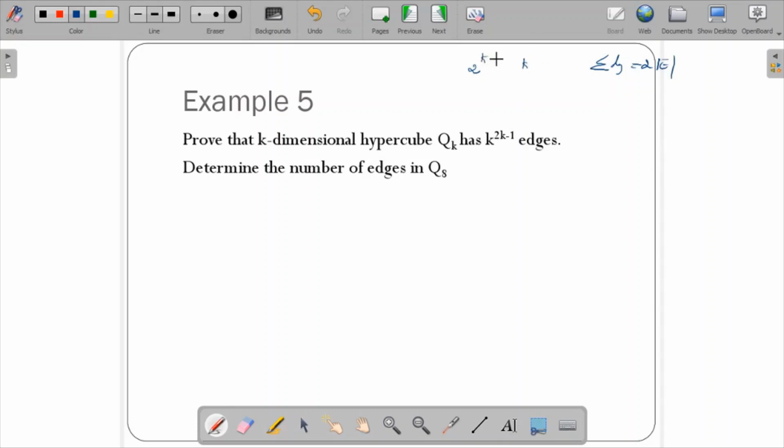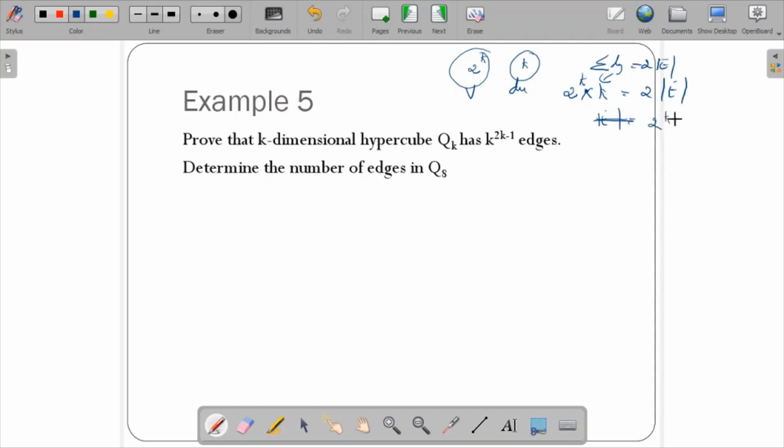Here the vertices number 2 to the power k, and each has degree k. We don't know the number of edges, so 2 to the power k into k is the summation of the degrees. So 2 to the power k into k would give you 2 into the edges. So I'll take that 2 to this side.